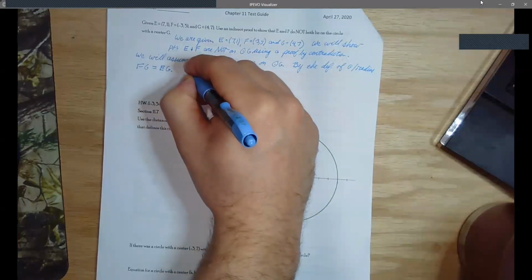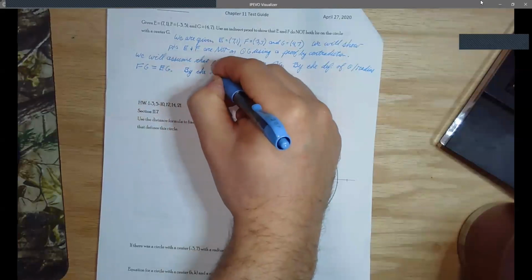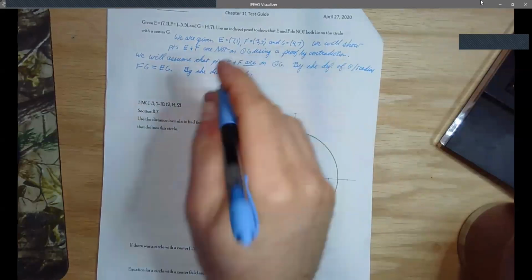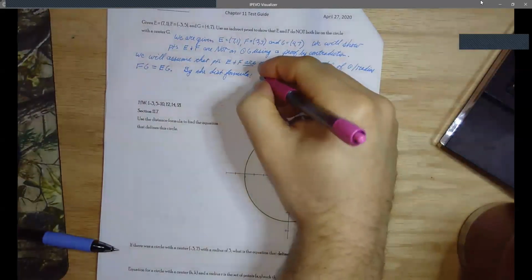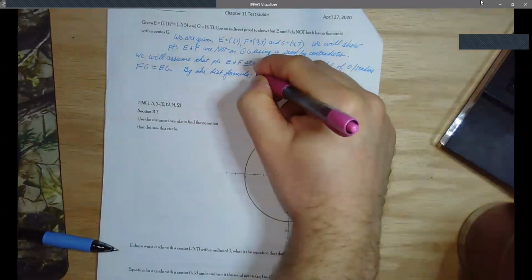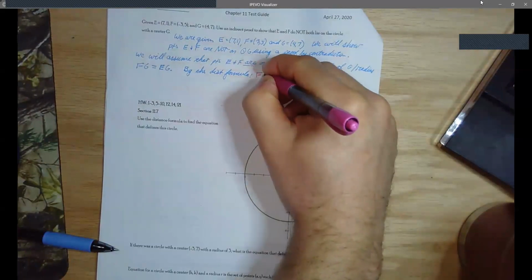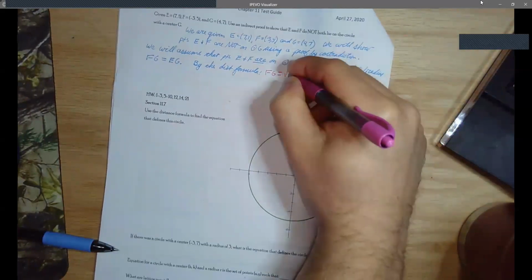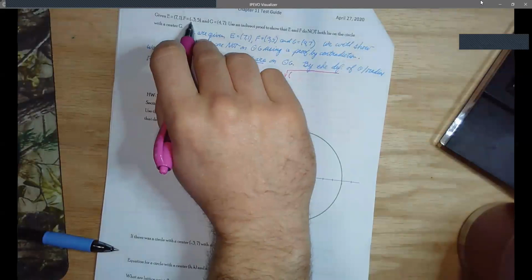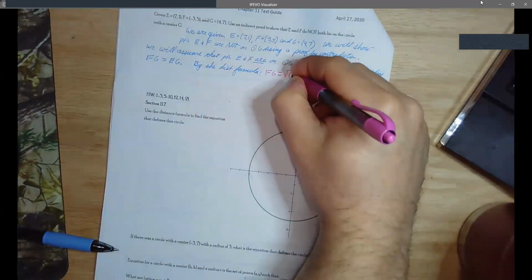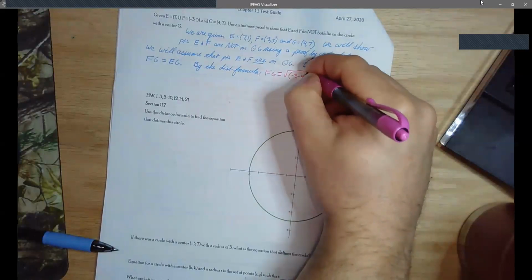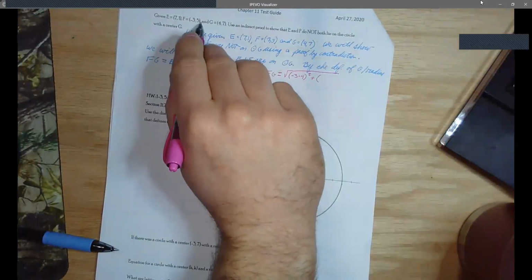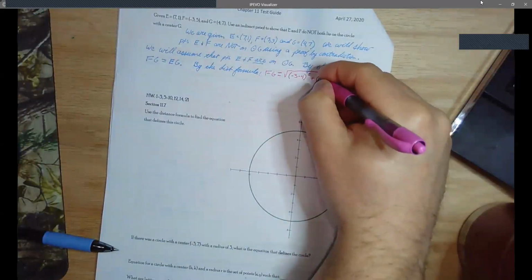So by the distance formula, let's look at F, the distance from F to G equals, the change in x values, -3 and 4, so -3 minus 4 squared, plus the change in y's, 7 minus 5, or 5 minus 7, however you want to do it.